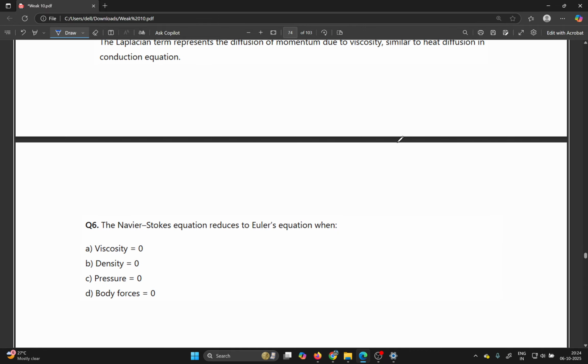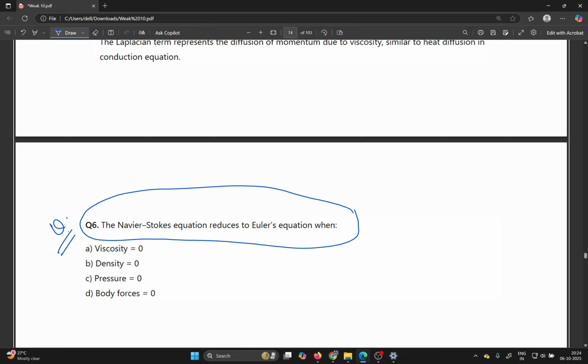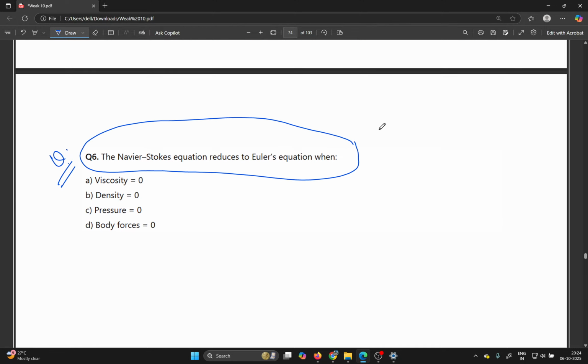So now moving on to the next one, Navier-Stokes equation reduced to Euler equation. Very important question. Question number 6. Very important. If you have the Navier-Stokes equation and you want to reduce it to the Euler equation, means rho times acceleration is equal to your force.